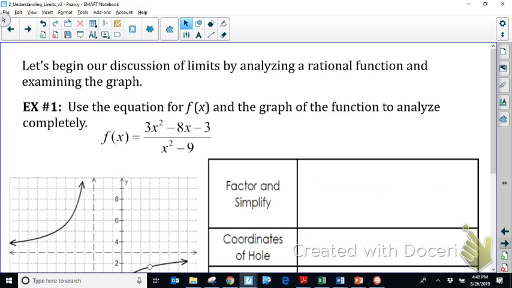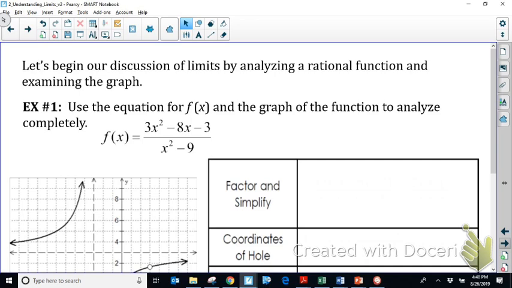So moving on here, we're going to use a concept from pre-calculus, in this case a rational function, and see how we can look at it and evaluate it so that we can start looking at its behavior. So what I'd like you to do is take the function that's been given to you.